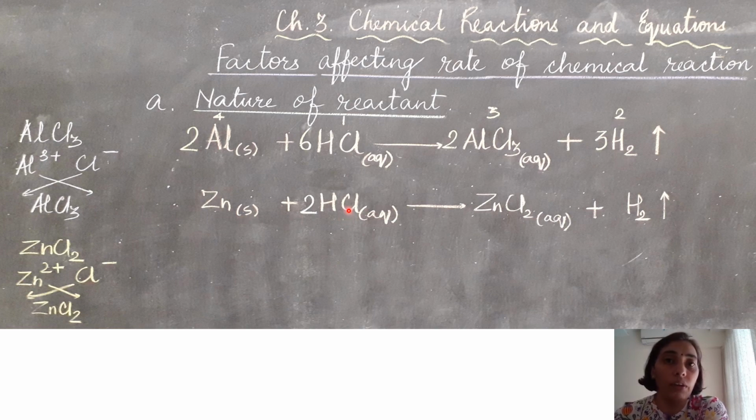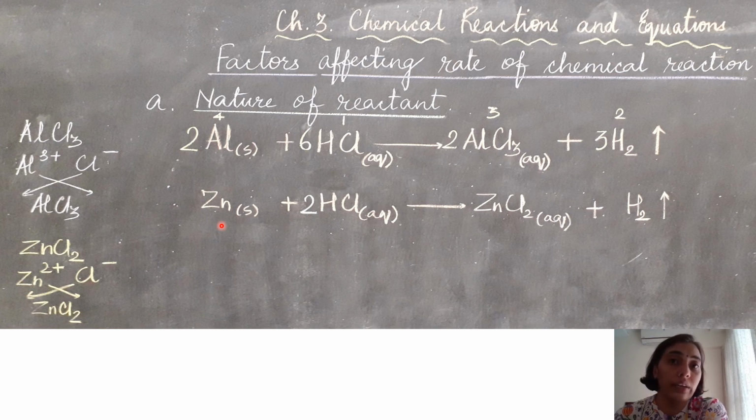The second thing that we need to see here is that aluminium is more reactive than zinc. Again, I will ask you to go back to metallurgy lesson, and there you have a reactivity series of metals where the metals have been arranged in the descending order of reactivity, that is decreasing order. And if you see the positions of aluminium and zinc, you will find that aluminium occupies a position on top of zinc, that is aluminium is above zinc.